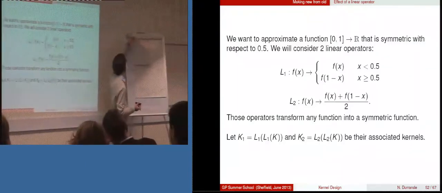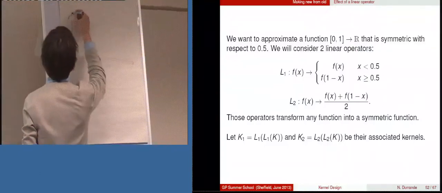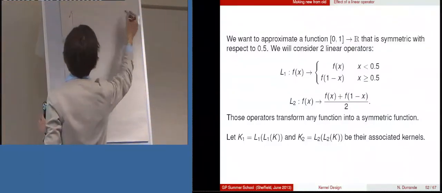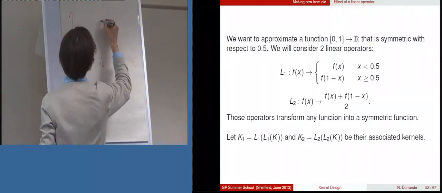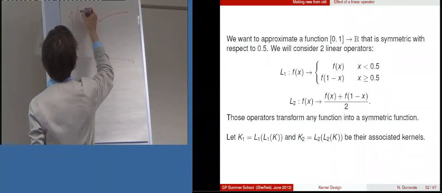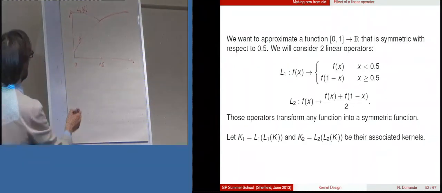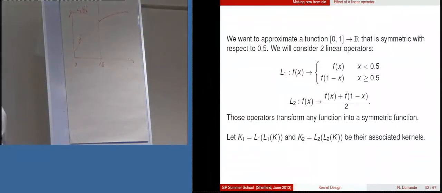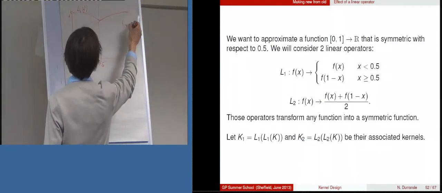So if you have a function f like that over 0, 1, the first way is to center the function like that, and you end up with something symmetric. The other one is to compute the average between both, and then you end up with something like that.